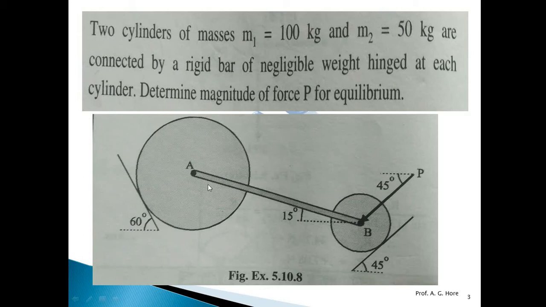Now here we have to draw the separate FBD for the two spheres A and B. Imagine that P force is not there.